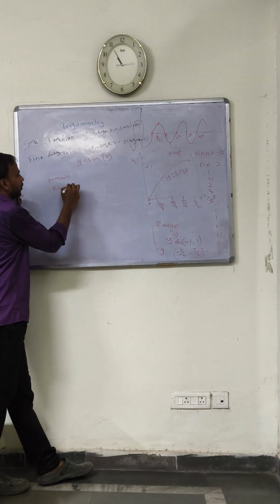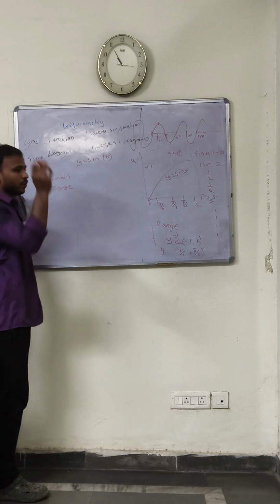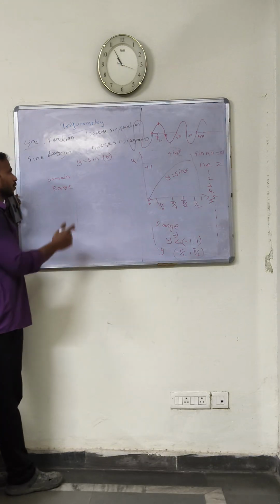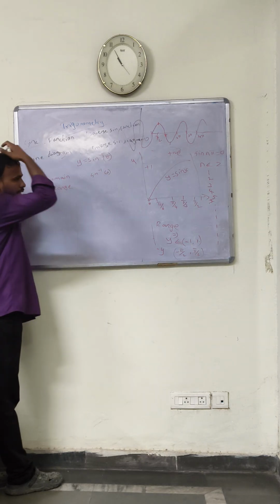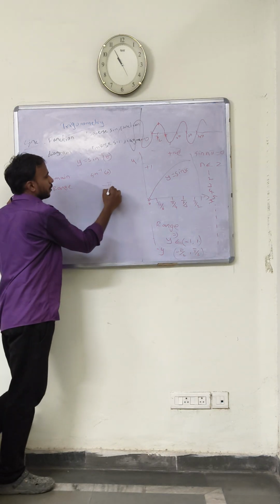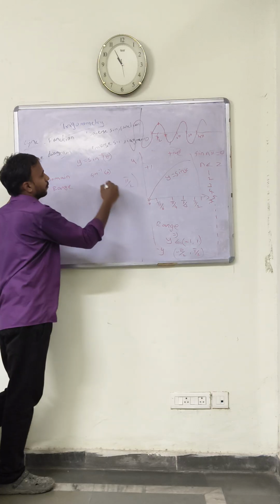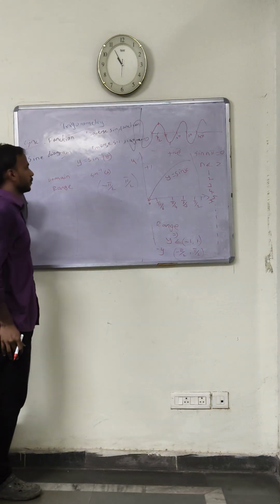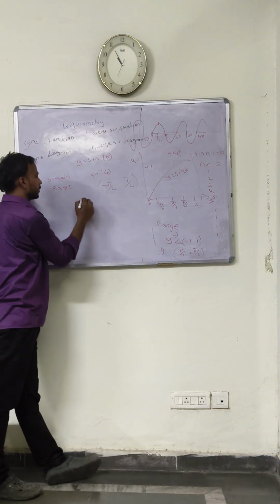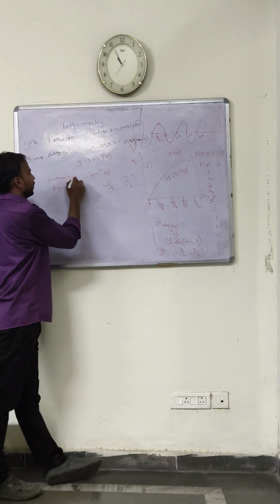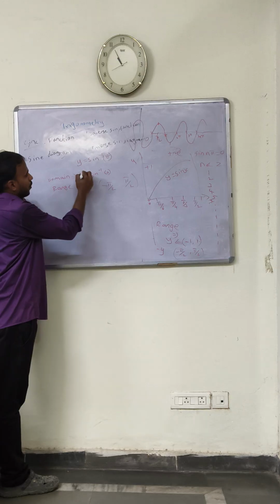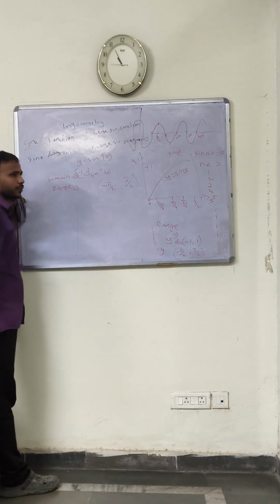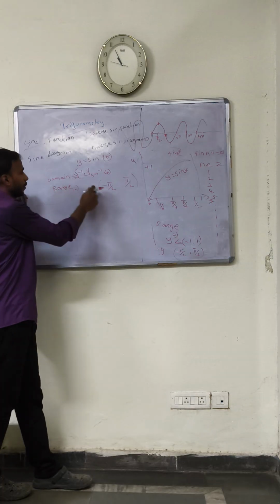Domain and range. So now sine inverse domain. So here sine inverse of x. So x is between minus 1 to plus 1. The range is minus pi by 2 to plus pi by 2. That will come in y.